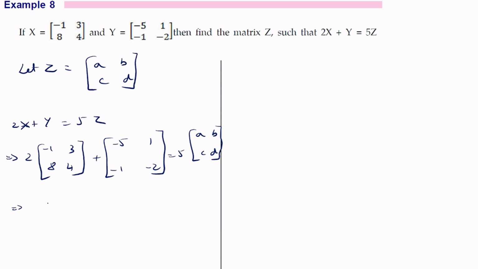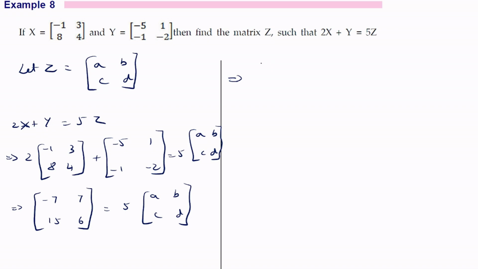So this is minus 2 minus 5 minus 7, then 6 plus 1 7. Here it is 2 into 8 16 minus 1 15, and here it is 2 into 4 8 minus 2 6. This is equal to 5 into A, B, C, D. Or this matrix A, B, C, D will be 1 by 5 into this matrix.